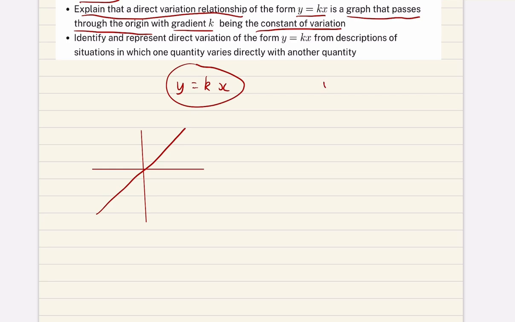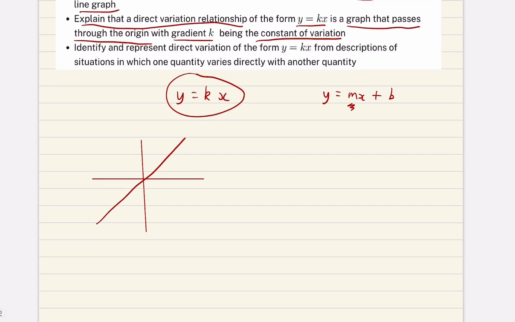Now this relates back to our basic form of a linear line, y equals mx plus b, where our m coefficient was our gradient. In this case, k is just replacing m. We're talking about k as our gradient rather than m, but it really means the same thing. And for any direct variation, they all pass through the origin because there is no constant term b on the end.